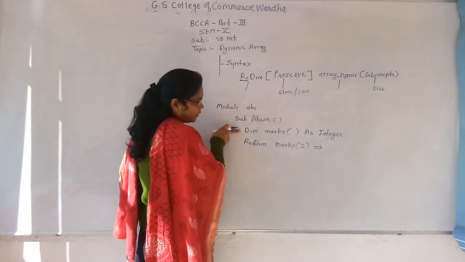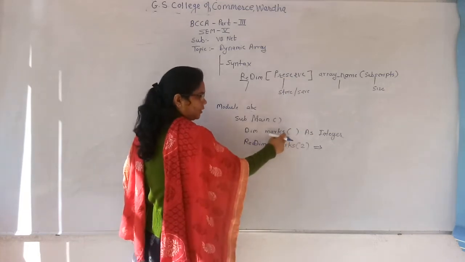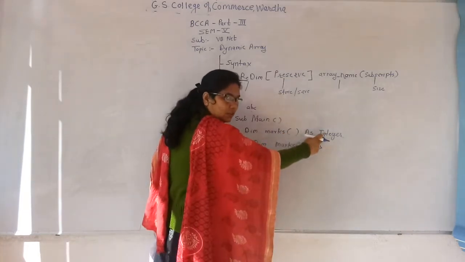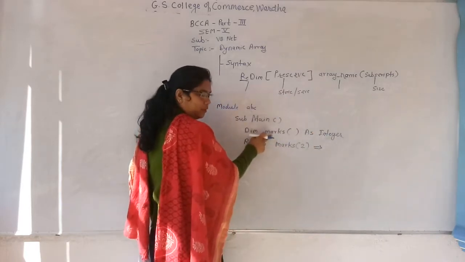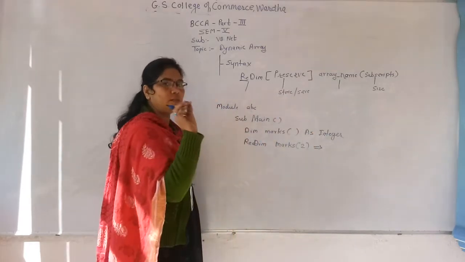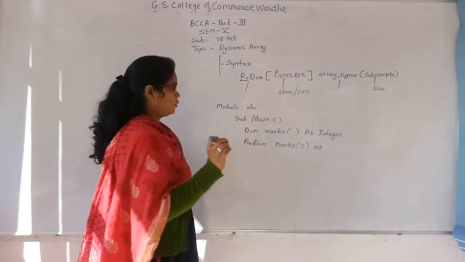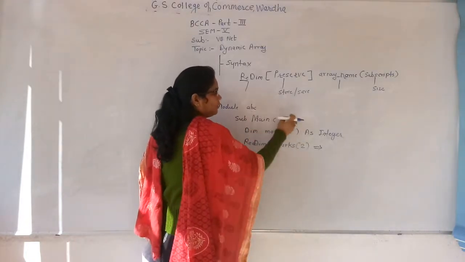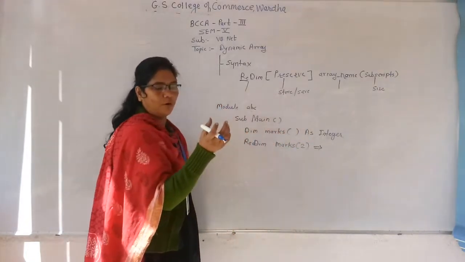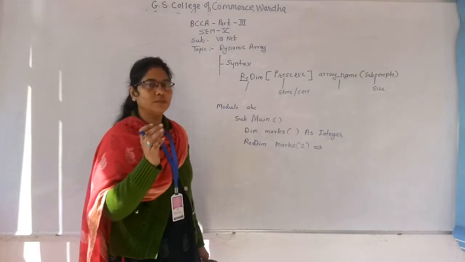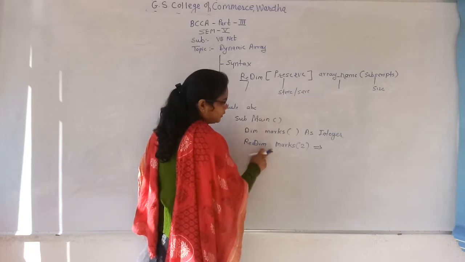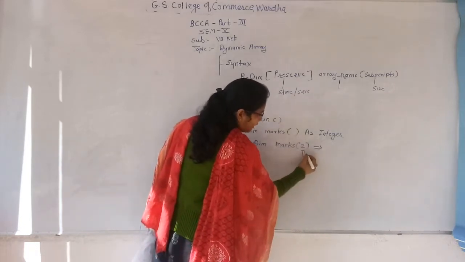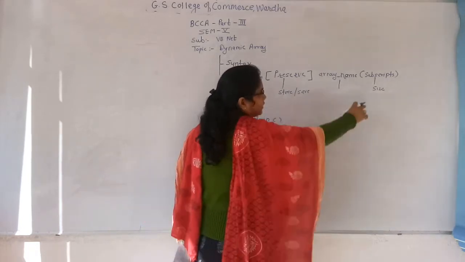I just declared the array as Integer, which stores integer elements in marks, but I didn't give any size there. So the number of elements to be stored is not declared here. But when I use the ReDim statement for marks, I give the size, which is called the subscript.